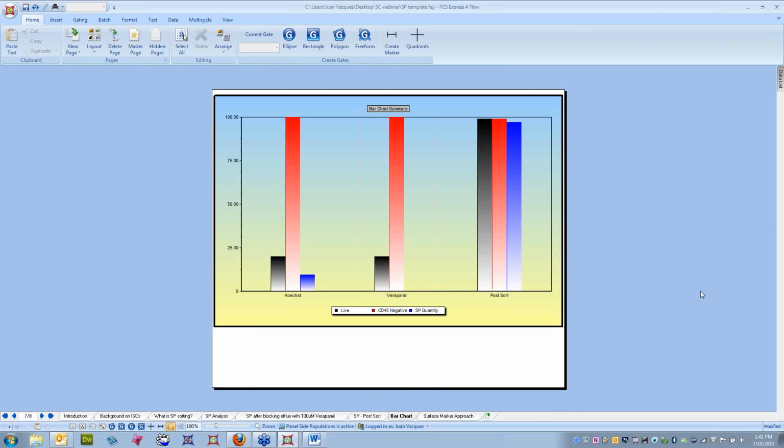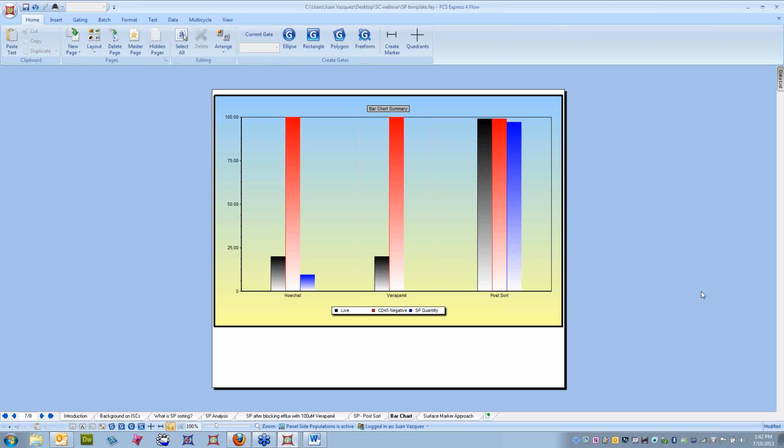To make this data interpretable to people that aren't familiar with side population sorting, or if you don't have a lot of time to convey the ideas, putting the data into this bar chart is really handy. Here we can see the three samples, the Hoechst, the verapamil, and the post-sort, and we can see the values for live, CD45 negative, and the percentage of SP cells in each one.